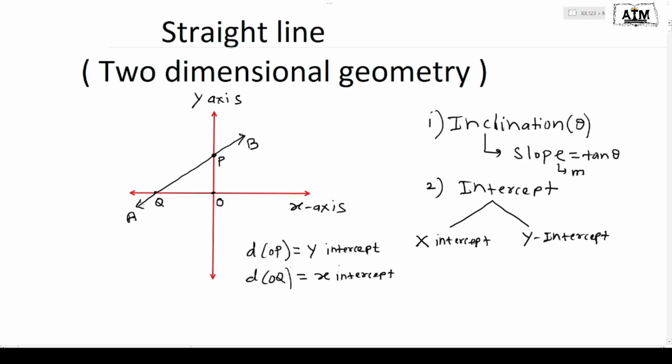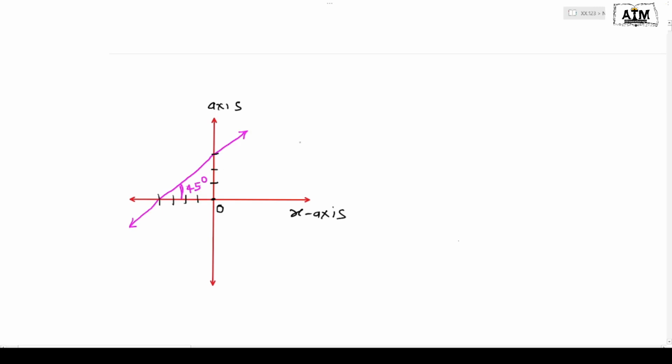So whenever we talk about a two-dimensional straight line, the important things are the slope of the line and the intercepts of the line, x-intercept and y-intercept. These are the basic things. By using these things, we can describe a line. For example, consider this line.